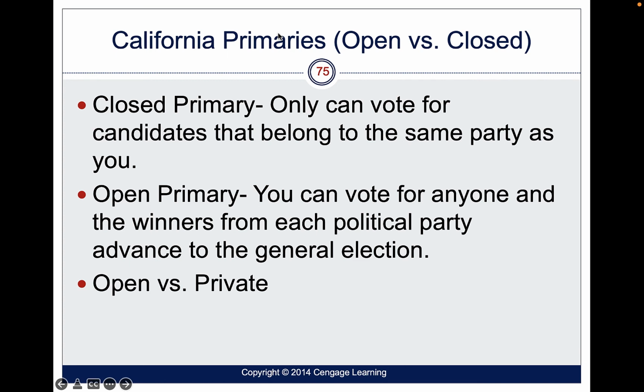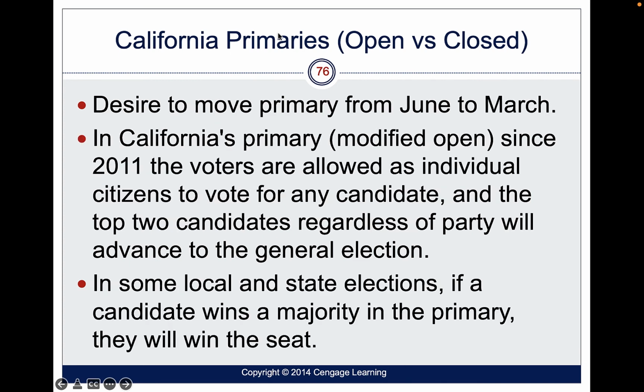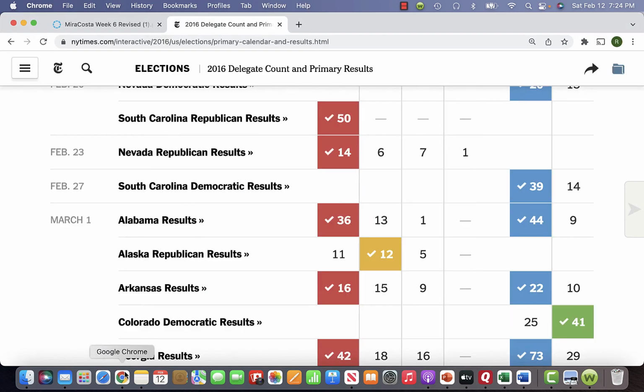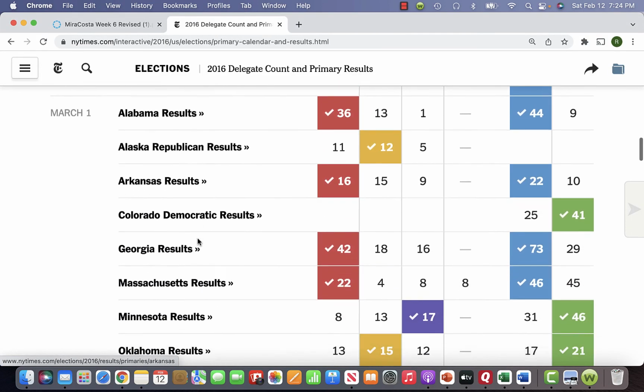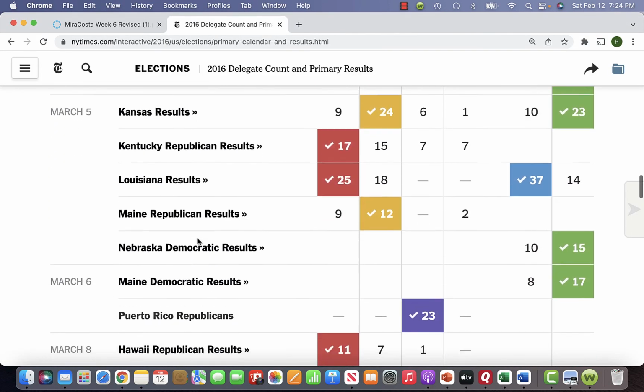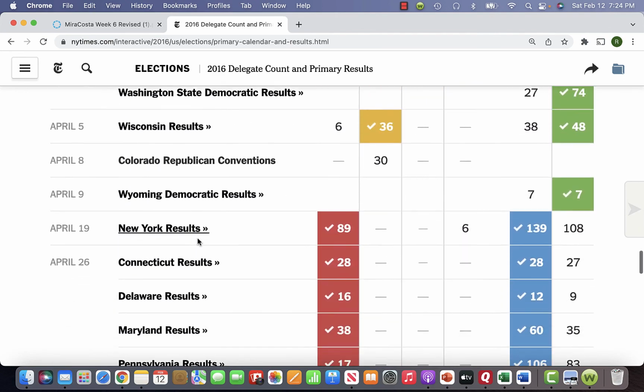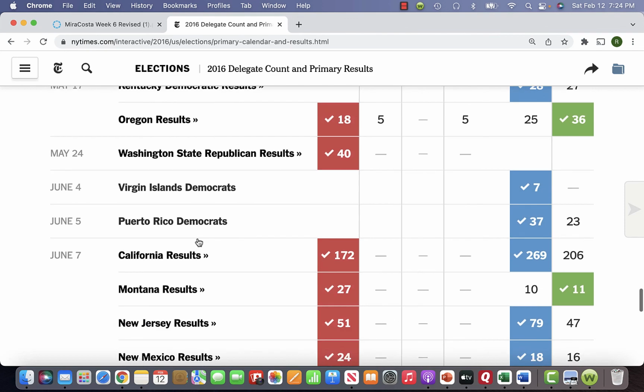A lot of states, and we here in California, have a modified open primary, and we moved our primary from June to March, so that's maybe why we didn't see it here. So we can look here and go down to June. Again, I think I got a little bit excited talking and wasn't thinking right.